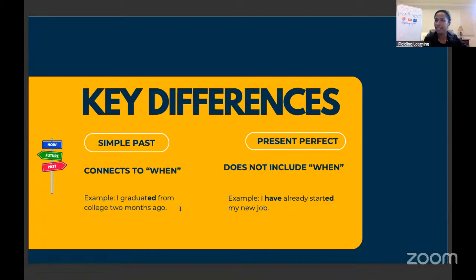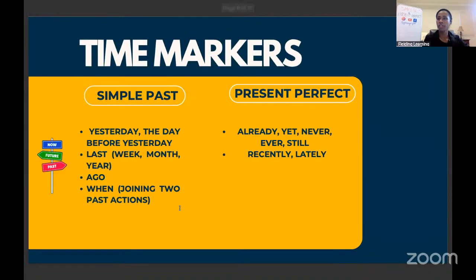And then the started is in the past participle. Some of the verbs in the past participle are the same as in the past tense, okay? If they are regular. All right, so these are still the key differences. And then let me go to the next one over here, which is to give you the time markers, the time markers.